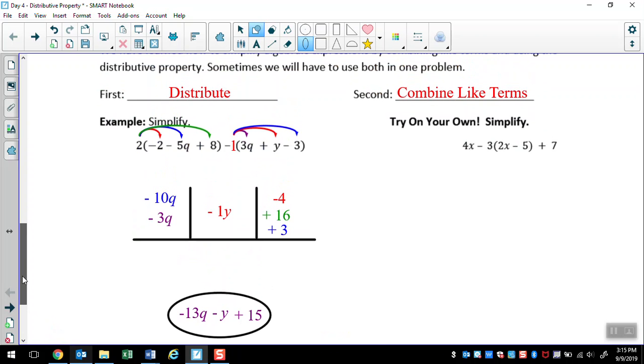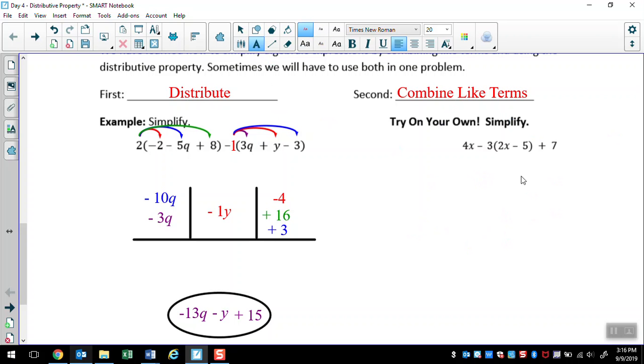Okay. All right. That is it for our notes today. Very short lesson. I want you to go ahead, try this one on your own. I'm going to put the answer up once you pause it, come back, check to make sure you've got the answer correct. Okay, go ahead and pause now. Okay, so let's see how you did.